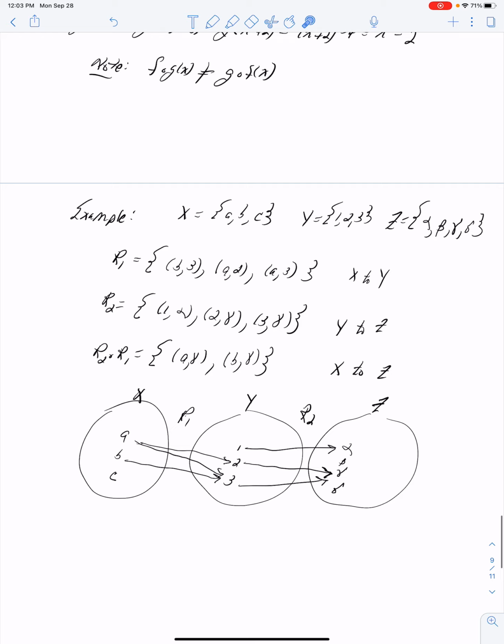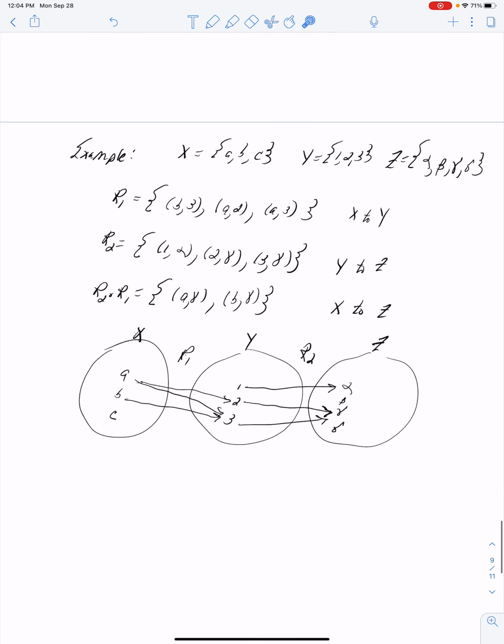All right, so now let's look at a particular example where I have a relation going from X, {A, B, C}, to Y, {1, 2, 3}, and we just make up a particular relation. Suppose it's R1, which looks like B3, A2, and A3.